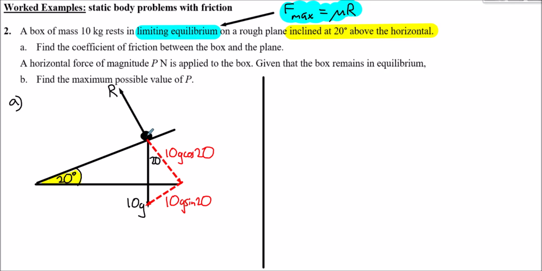This box would want to slide down the slope, obviously. If it was completely smooth or icy, that box would be sliding down. The friction will be opposing any possible motion. So for part A, the friction will be acting up the slope, opposing it sliding down. And because it's limiting equilibrium, this force here will be mu R.